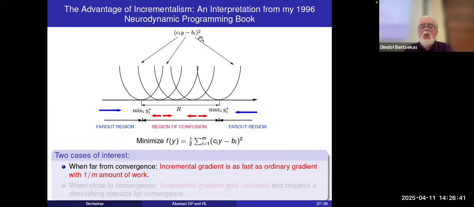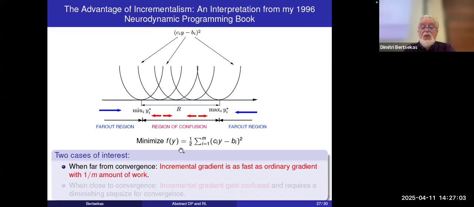Suppose that you have to optimize a sum of quadratic functions. So these component functions, the fi's, are these here, and we want to minimize the sum. The minima of these quadratic functions are in a range from the minimum to the maximum, and the true minimum of the sum that you would like to find lies somewhere in here.